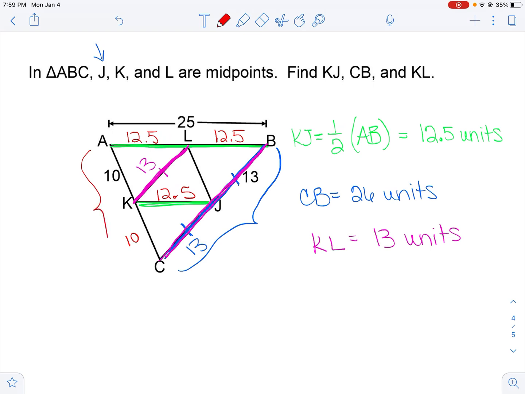So that means that the whole length of this is 20 units. And I would also know that this would also be 10 units. Kind of a simple concept.